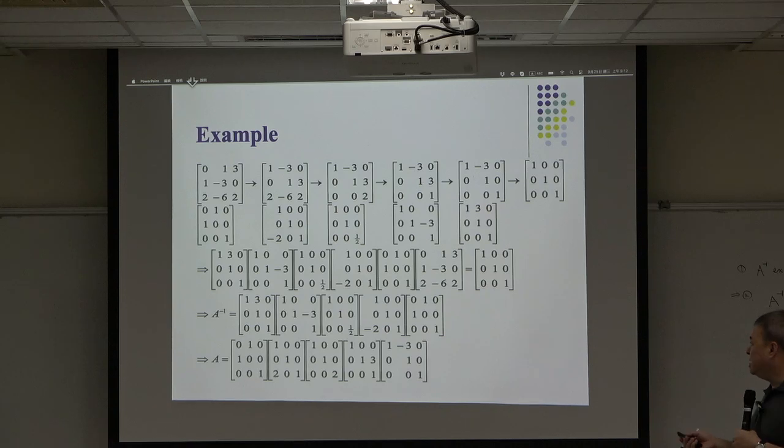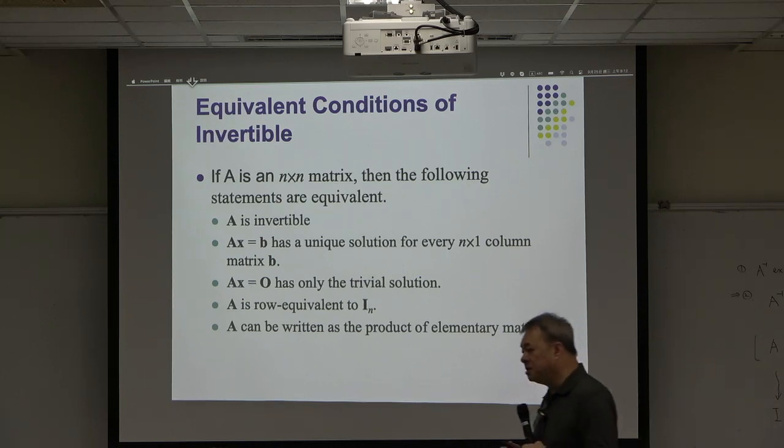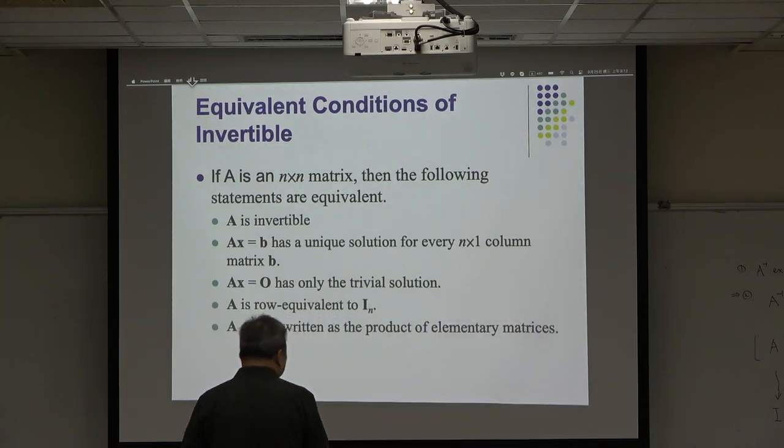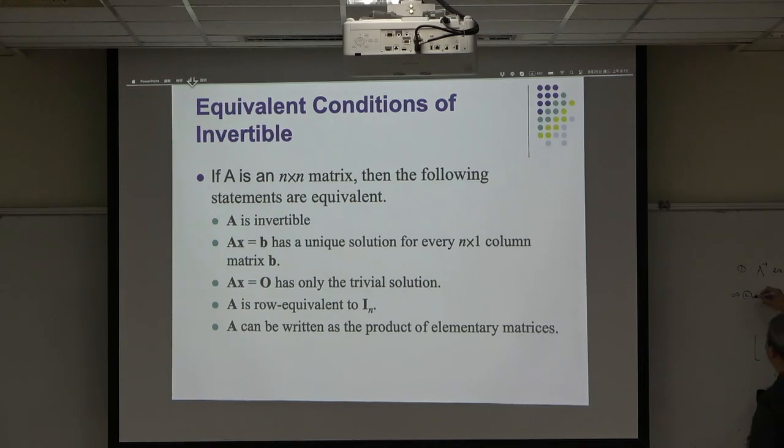So basically, what does this mean? This means A is invertible, because this thing is basically the inverse of A. This is the inverse of A. So from here you can go back from 2 to 1.